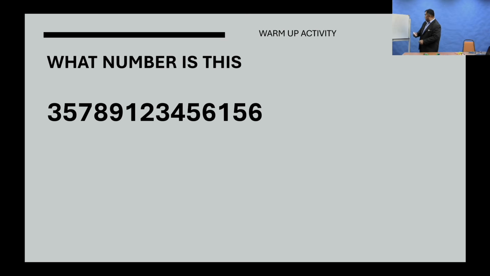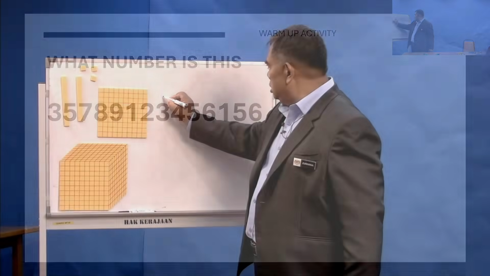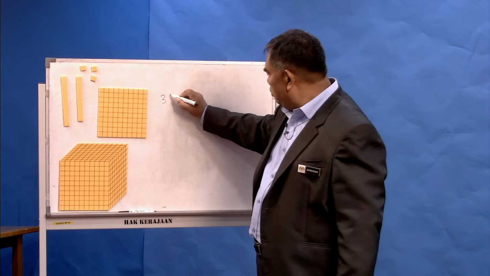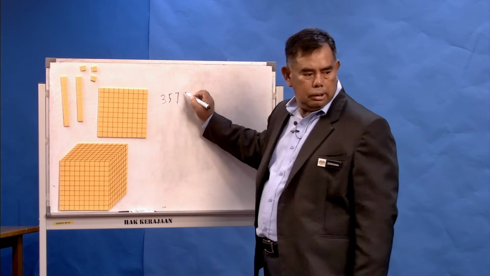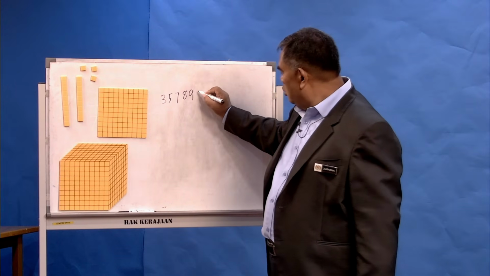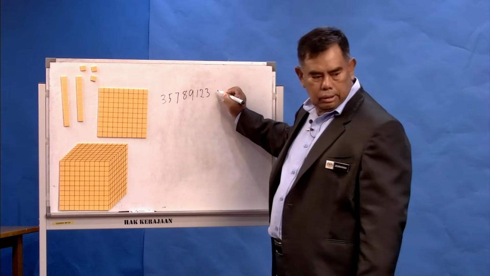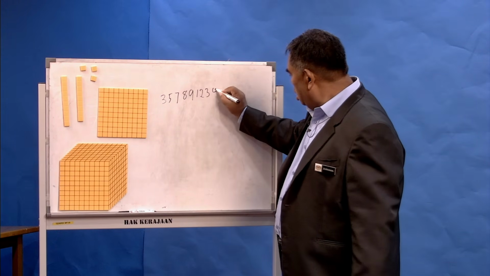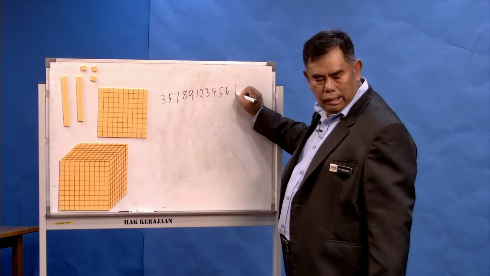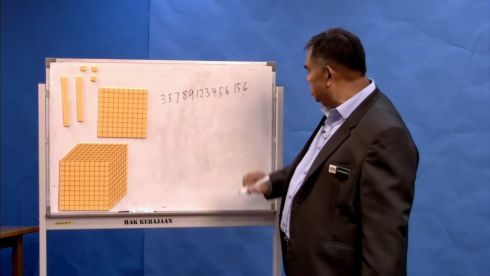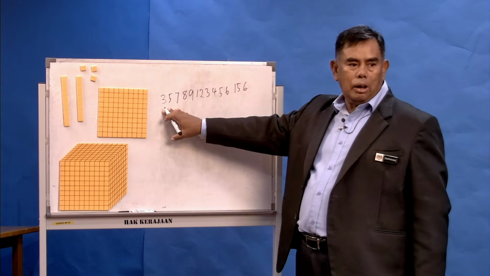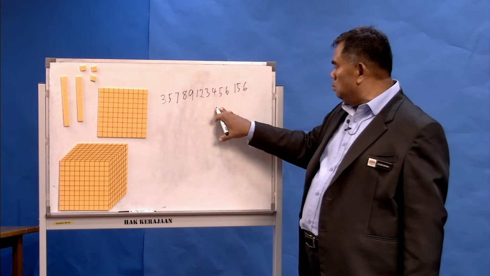We have 3, 5, 7, 8, 9, 1, 2, 3, 4, 5, 6, 1, 5, 6. So the first thing we need to do is count how many digits are in this number.